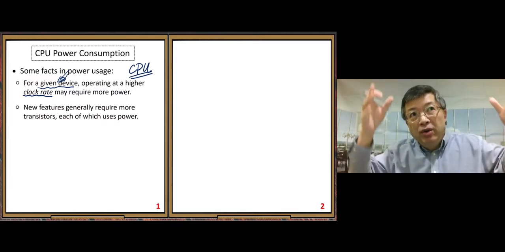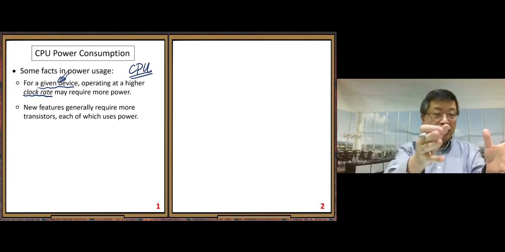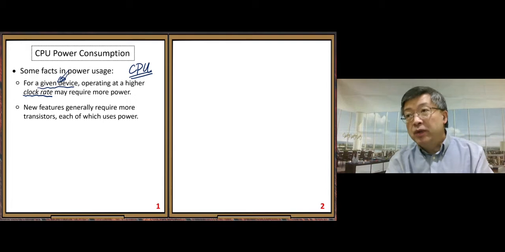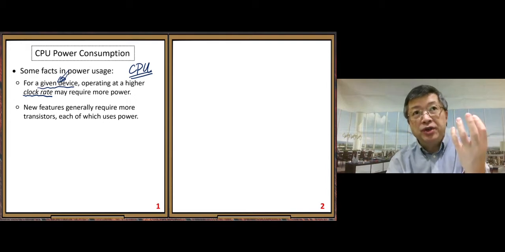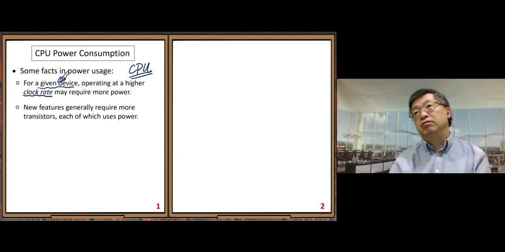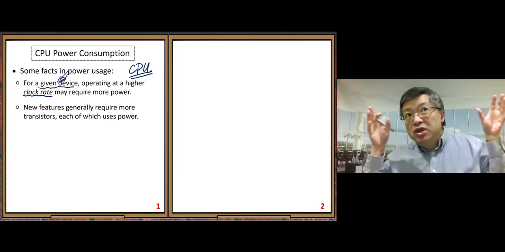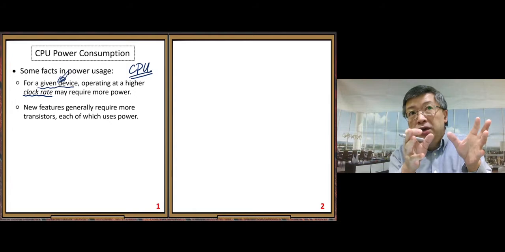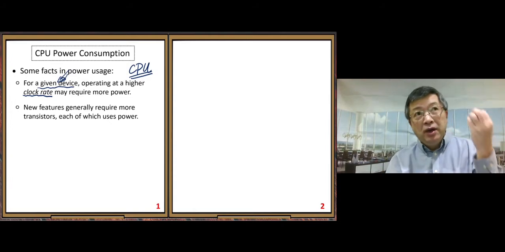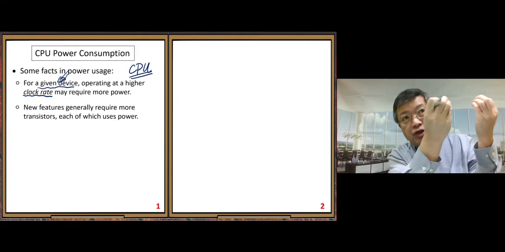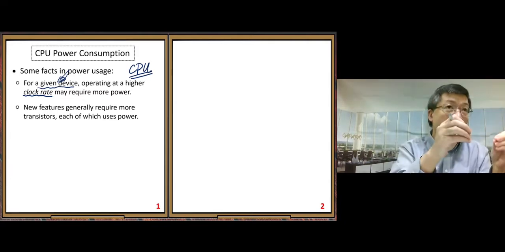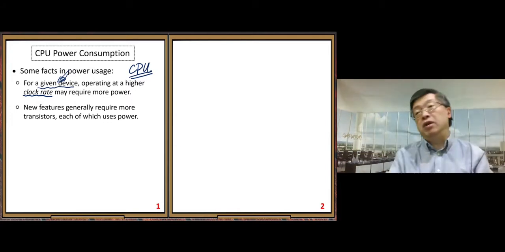Think about building more and more transistors on the chip, right? But at the same time, when you increase the number of transistors, you also reduce the transistor size, right? When you reduce the transistor size, you can reduce power consumption, right? Increasing the number of transistors will increase power consumption, but reducing the size at the same time decreases power consumption.